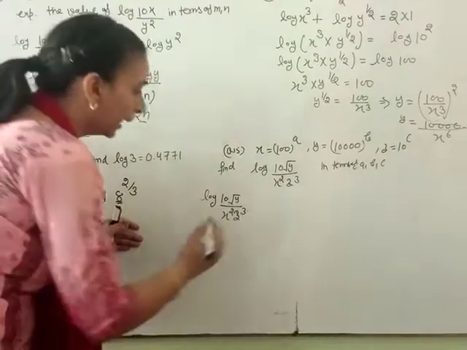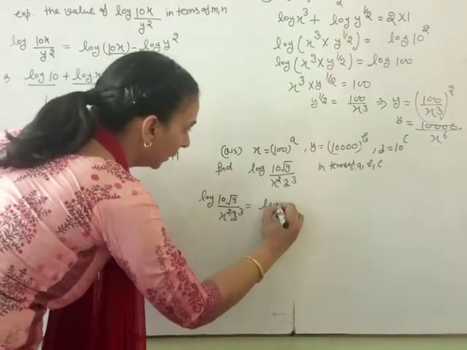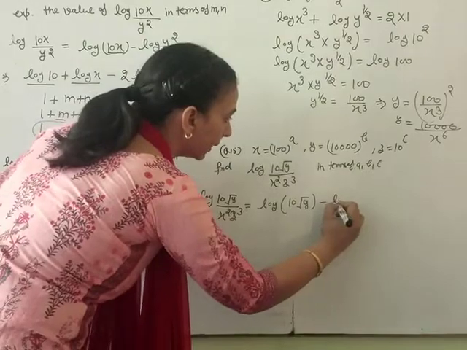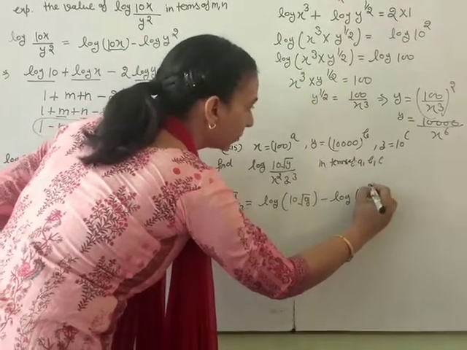Then according to the quotient law, log 10 root y minus log x square z cube.